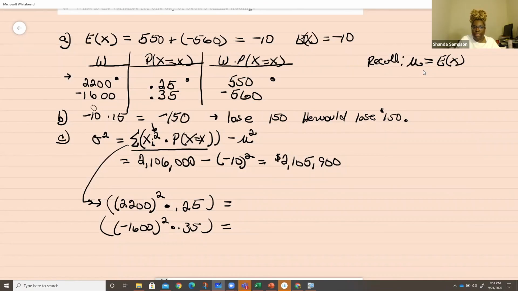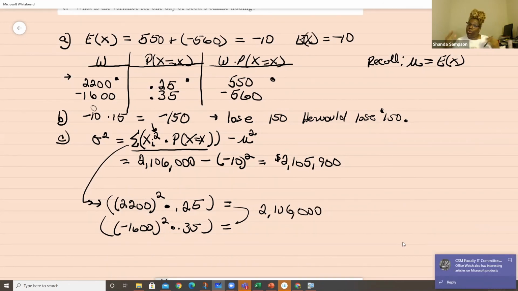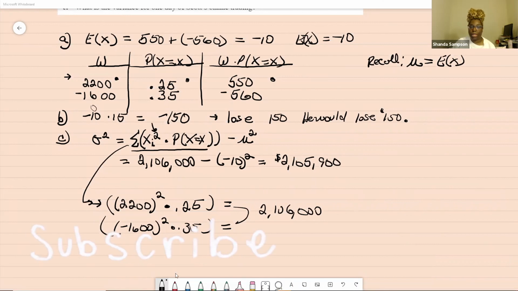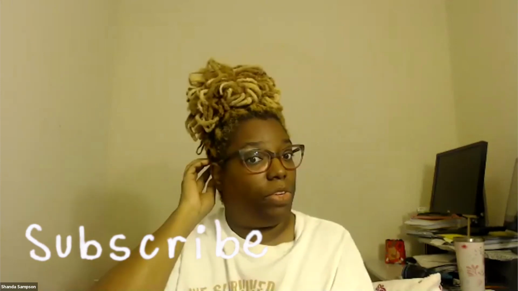So you do have to do the extra steps if you don't have the newest calculator, but that's going to be a couple times in this stat class. Just so you know, you might not be okay with it, but there will be a couple times if you're using the TI-83 or the older 84 versions that you have to do more steps than somebody who has the newest calculator.